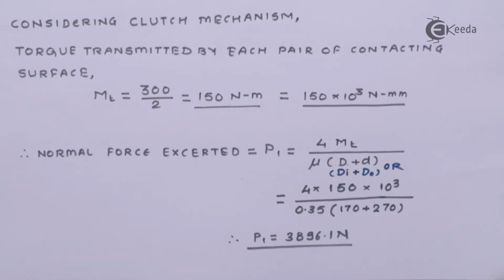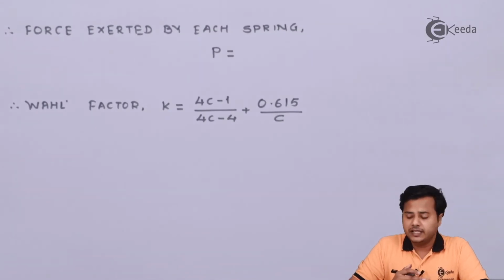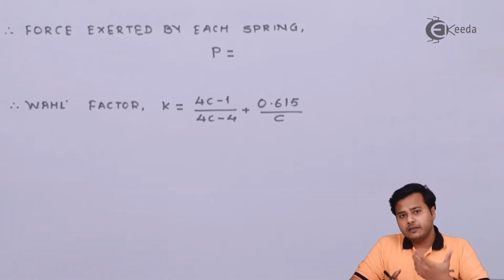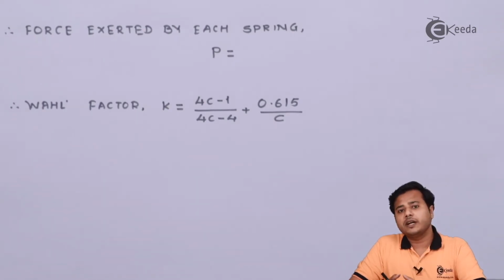Or in other words, in order to transmit the required torque, this much should be the force exerted by the given plates. Now we have been given total 9 number of springs. The total number of springs mentioned here is 9. So the force exerted by every spring will be given by the total force exerted divided by 9.